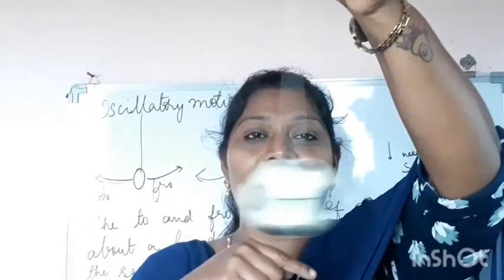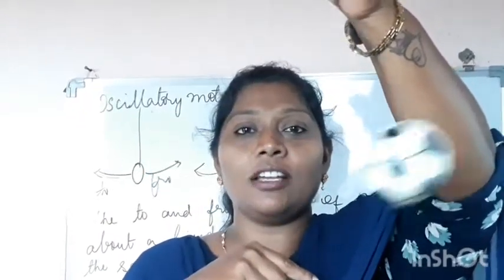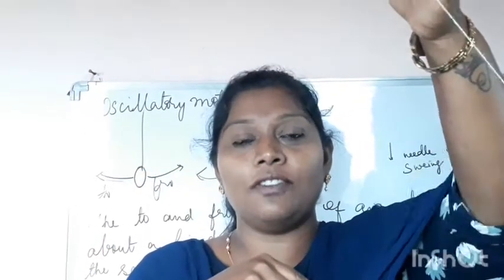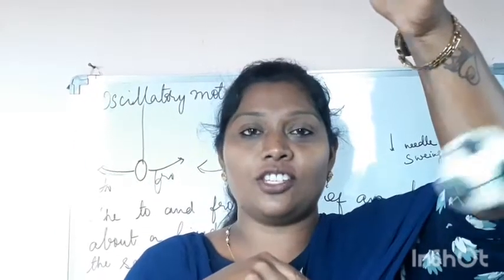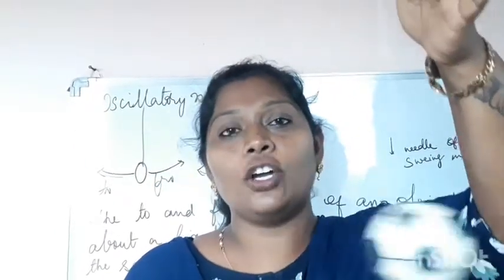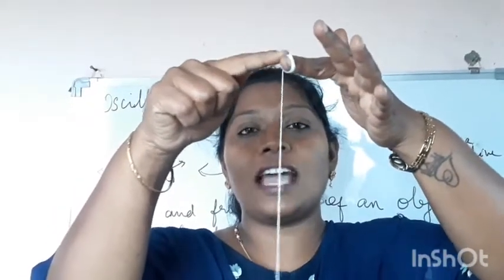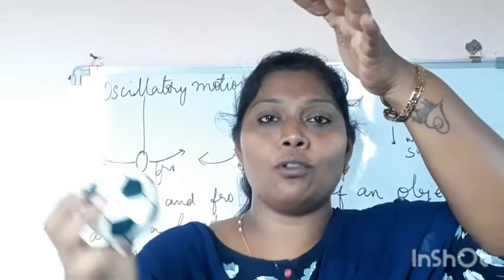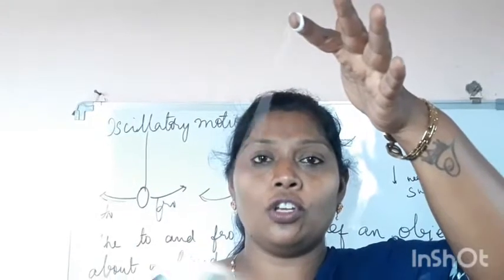Does it follow any other path? No. So here we can clearly see the pendulum of a clock which will move in the fro and to directions. Okay, children. So here the ball is hanging from a fixed point and the motion is a to and fro motion.